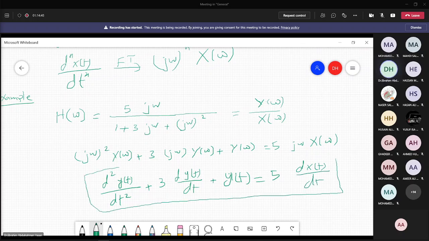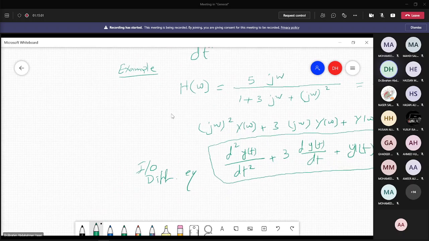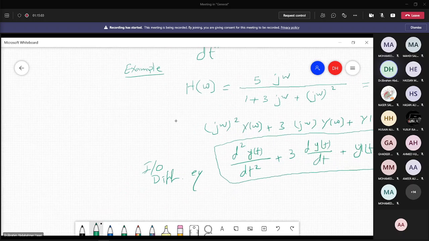So this is what we call the input-output differential equation. So then the system, I can describe it in 3 different ways.